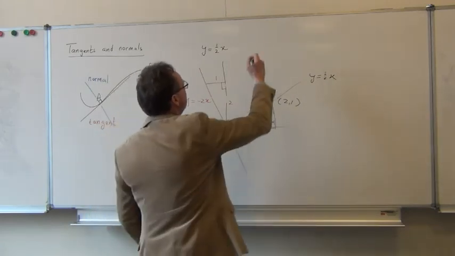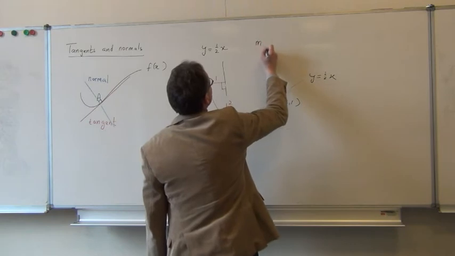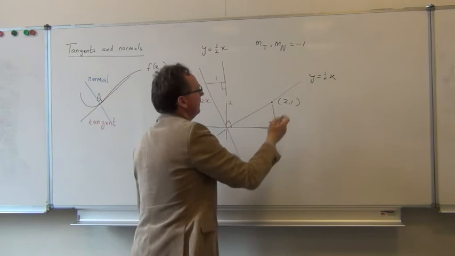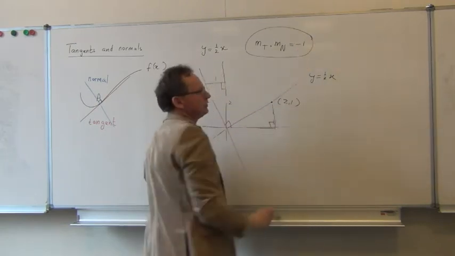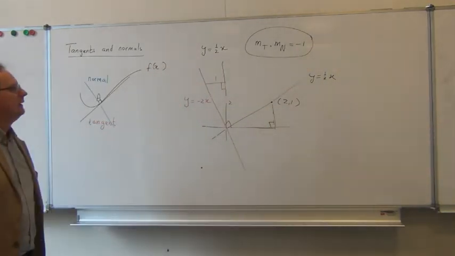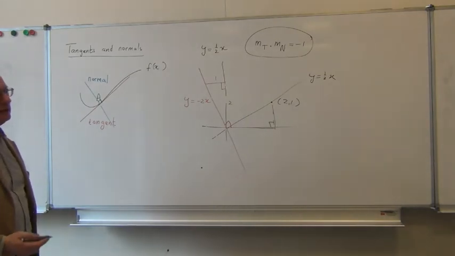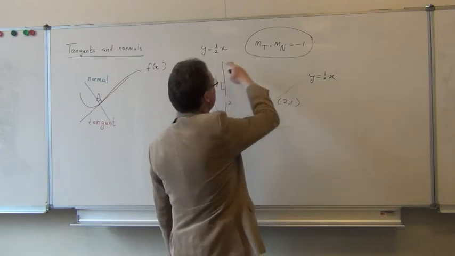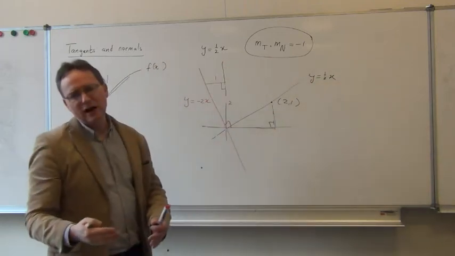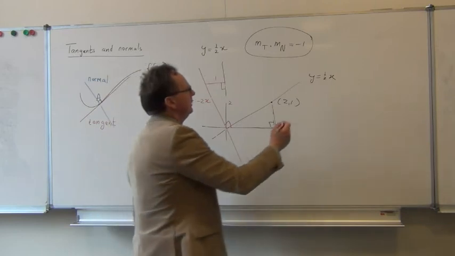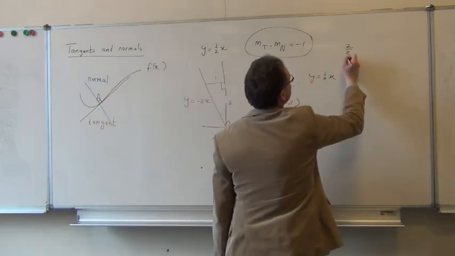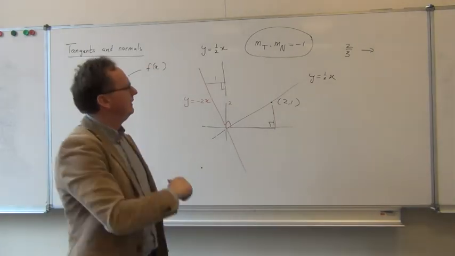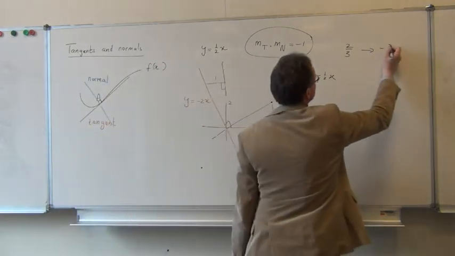So the rule can be summarized like this: the slope of the tangent times the slope of the normal must be minus 1. So that's something to keep in mind. It's sometimes called a negative reciprocal, as I said before. So if you start with half, it becomes minus 2. If you start with 2/3, for example, and you take the negative reciprocal, it becomes first 3/2, and then it changes the sign, so minus 3/2.